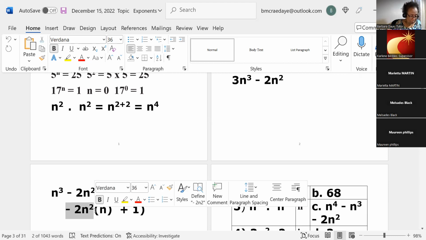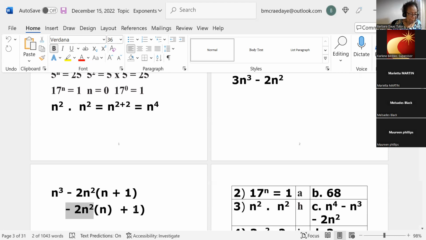So this is plus 2n to the second times n plus minus 2n to the second times 1. Okay, so this is a plus minus. And this is multiplied by 1.